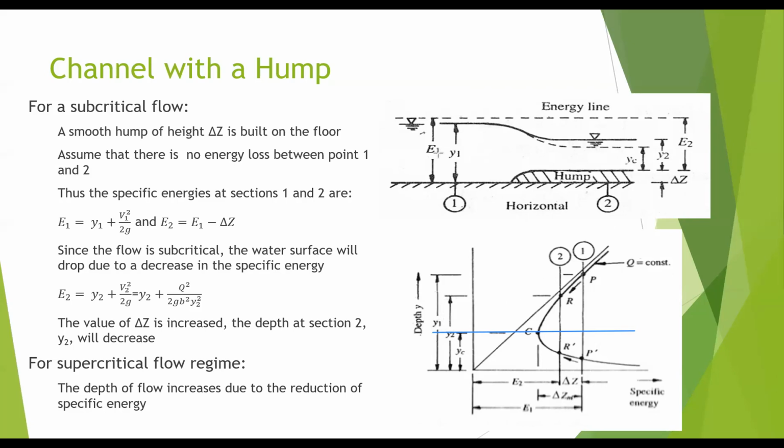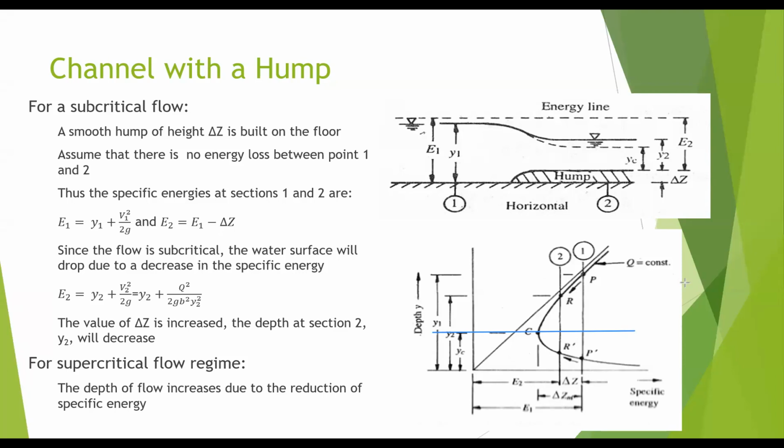And I think you just realized that if the water is supercritical, then this is your case, and adding delta z means that you are going to have a slightly higher depth than the original depth.